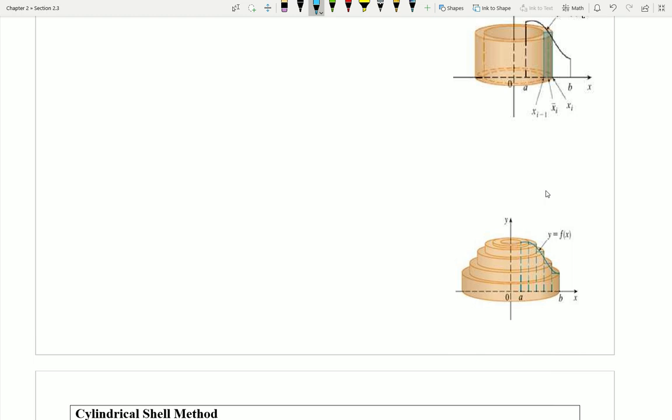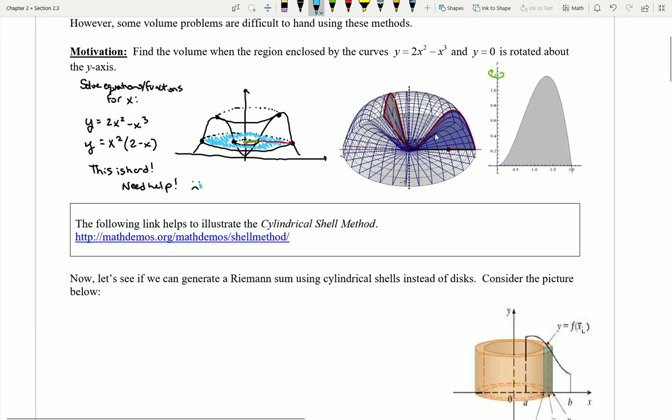You can imagine that if you curl this paper up into a rod of some sort, each individual piece of paper acts as a thin layer that's contributing to the overall figure. And that's what each of our shells is doing. It's a thin layer that's slowly building up and creating this solid.